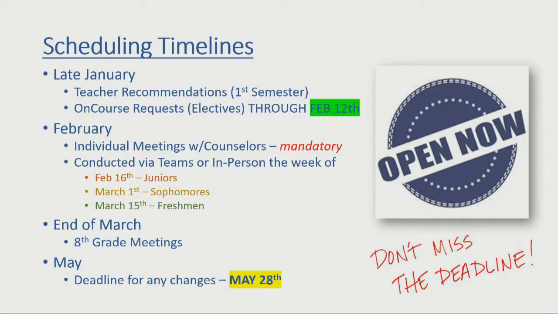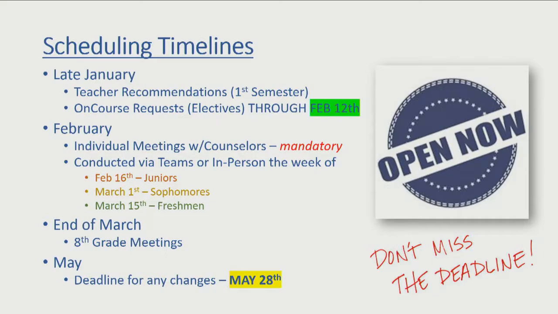Here are our timelines. We're going to begin February 16th with the juniors, March 1st with the sophomores, and then March 15th with all current freshmen. So two weeks for each class to begin scheduling for next year. Our 8th graders will be done in a different process this year. We're still finalizing that process, but we anticipate also conducting that via Microsoft Teams with parents and with our 8th grade students.